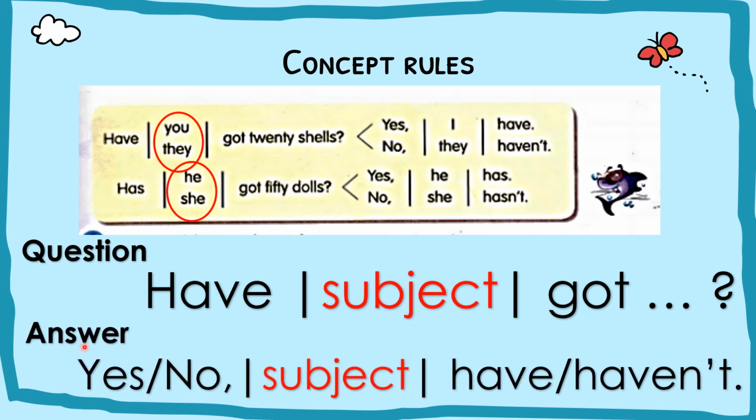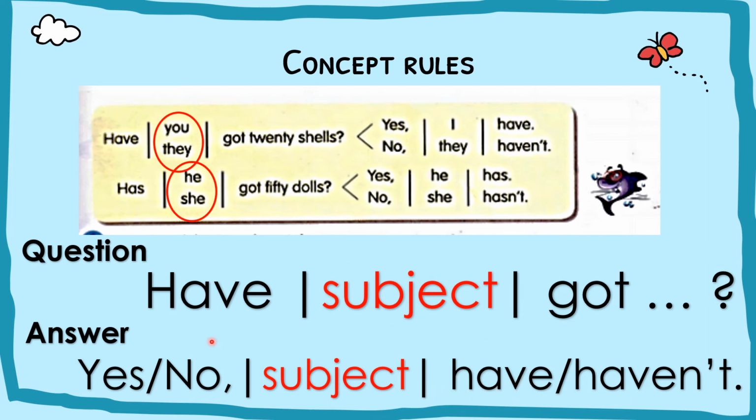This is the rule for the answer, the answer for the close-ended question, like have got questions. If you want to answer, you must answer with yes or no first, and then the subject, and then the partner behind.